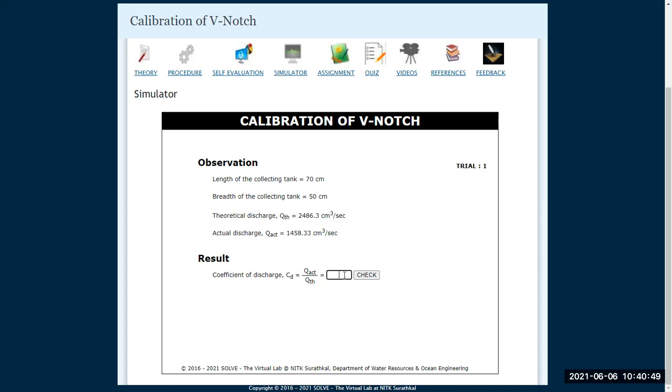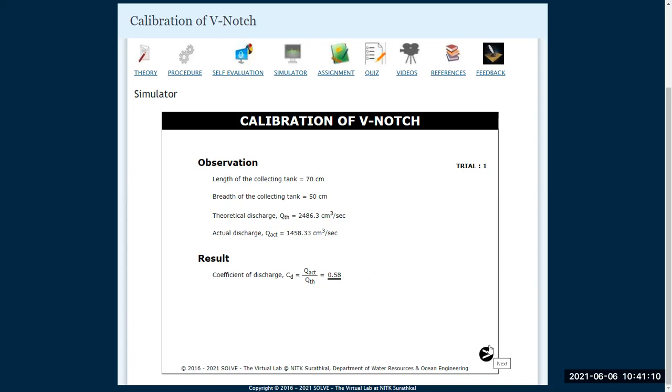So the coefficient of discharge for the triangular notch, you'll get it as 0.58. So the answer is, the coefficient of discharge for the triangular notch is 0.58.